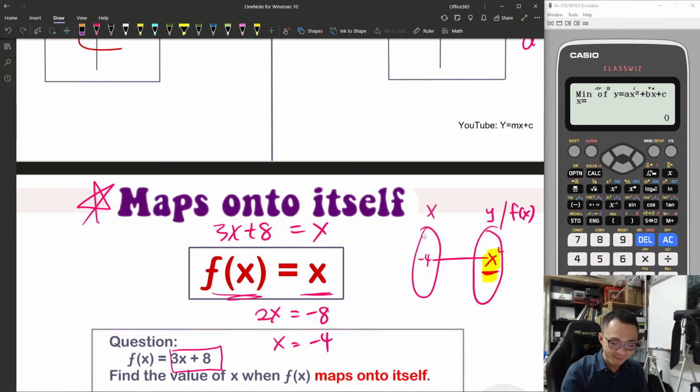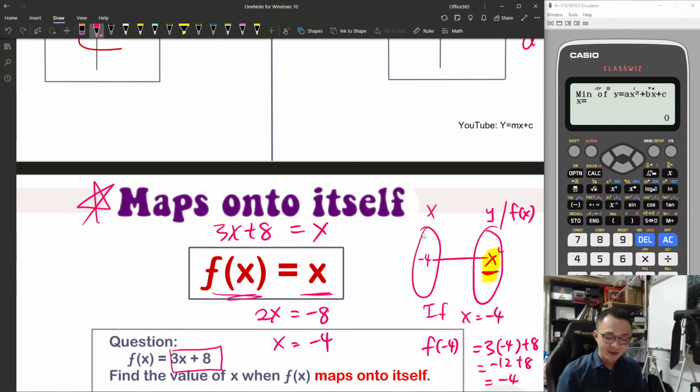So let's see. If x is negative 4, my f(negative 4) will be 3 times negative 4 plus 8, negative 12 plus 8 is negative 4. That means in this function, we have one value mapped onto itself, which is when x is negative 4, my f(x) will be negative 4.